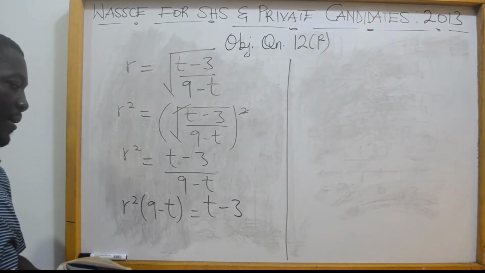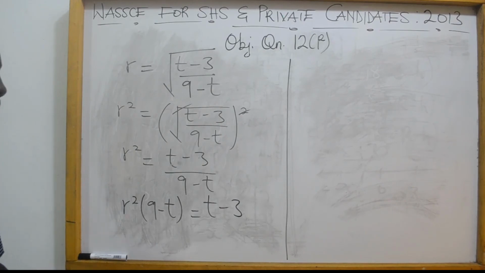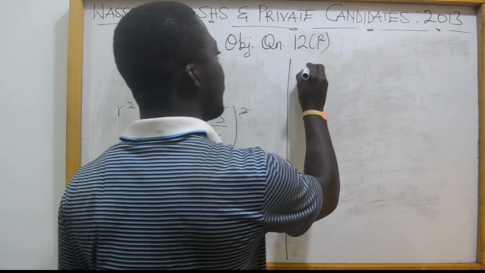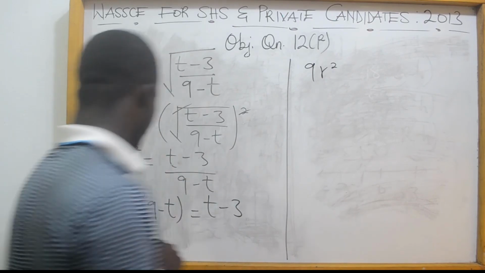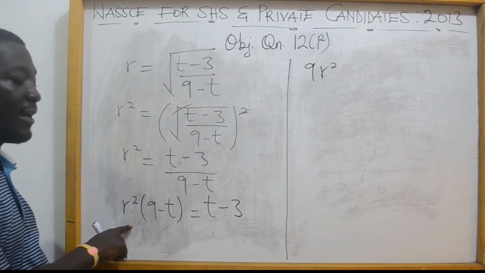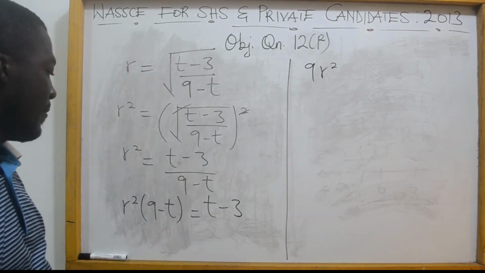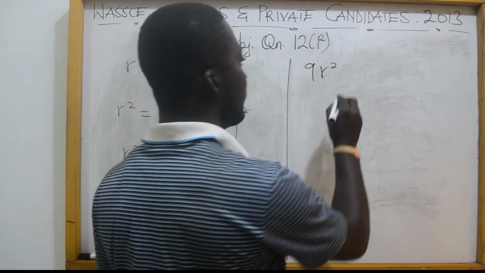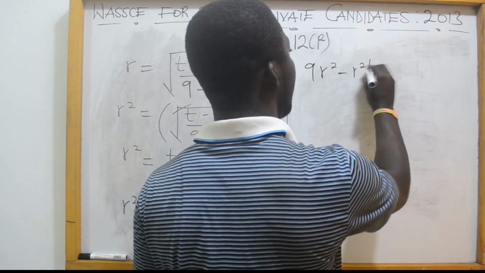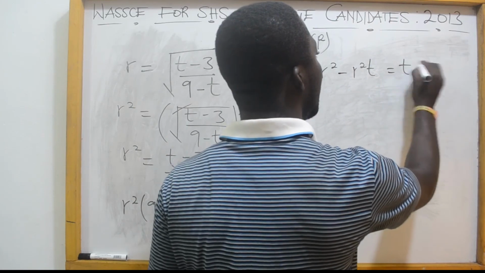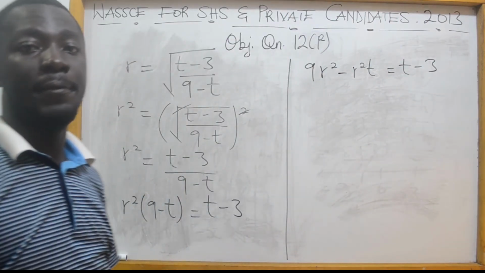So R squared multiplied by 9 is 9R squared. Then R squared multiplied by T will be R squared T, so minus R squared T is equal to T minus 3.